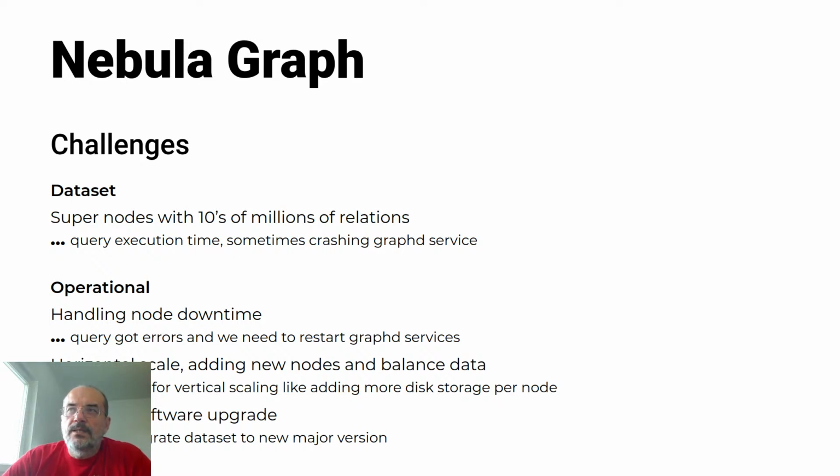The second one is some operational challenges we have, handling node downtime. So when something is broken, or some service on one node is down or unavailable in some way, queries will get errors, and we need to restart the graph service to be able to execute that query again against all the nodes and storage services on Nebula Graph.